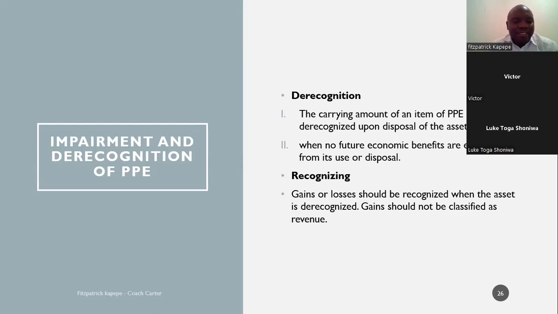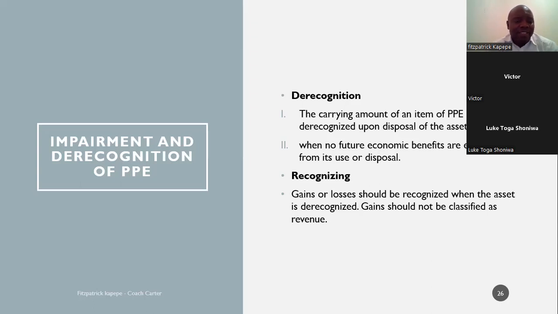Derecognition, now the asset is almost being rendered irrelevant. We have to derecognize it. The carrying amount of an item should be derecognized upon disposal of the asset. So the moment we dispose the asset, we derecognize it. In short, we are removing it from our balance sheet, from our financials, from our asset register.